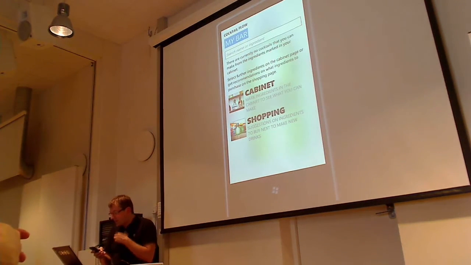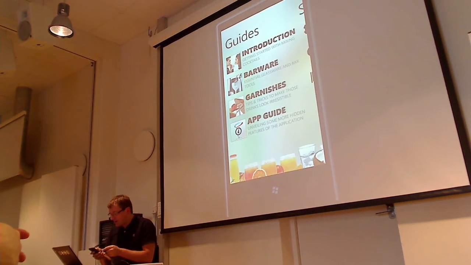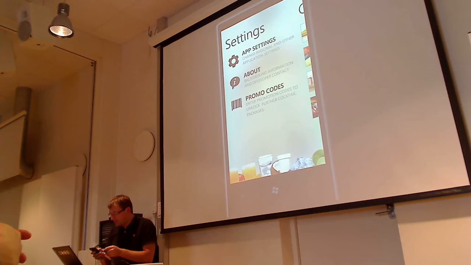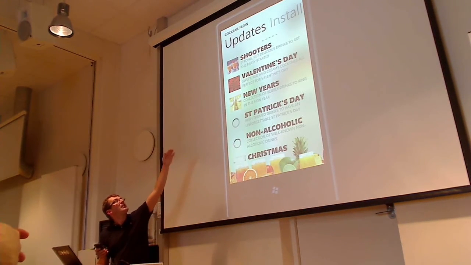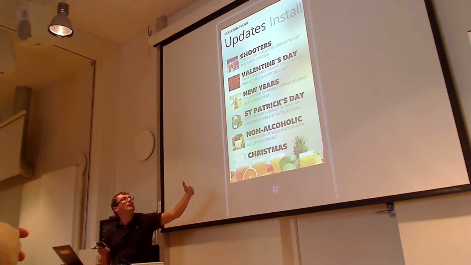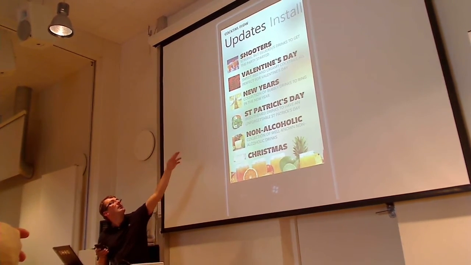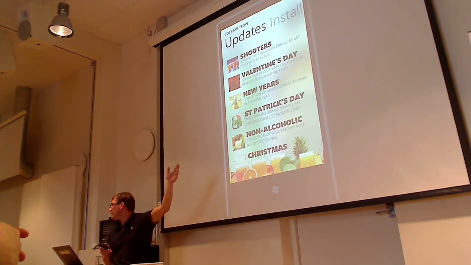So if I go back out, I have my cabinet, of course, and then I have app guide, app settings, let me see, packages. So I see a number 6. So I have 6 app packages that are waiting for me to download. So I have my Valentine's Day, which are probably all red drinks that are very sweet.